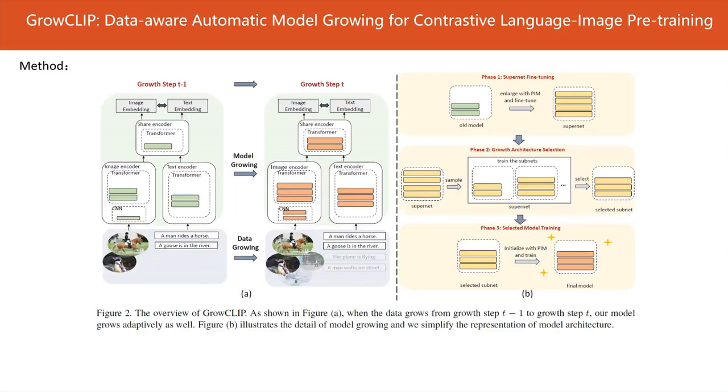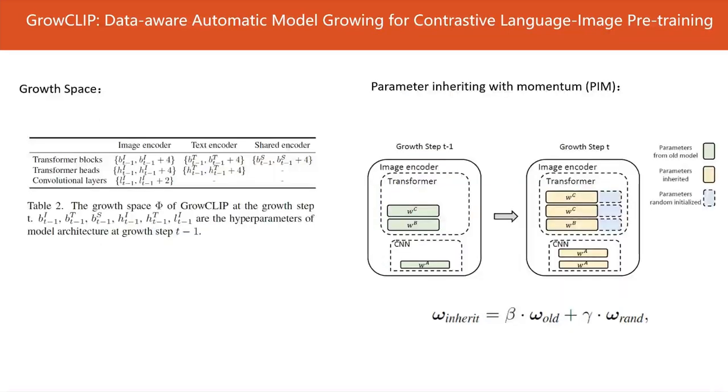To address the above issues, we propose our method, which performs a model growth process considering the gradually increased pre-training data. Especially, when training data grows dynamically, we adopt different cross-modal network architectures via customized neural architecture search to make the network pre-training more efficient.